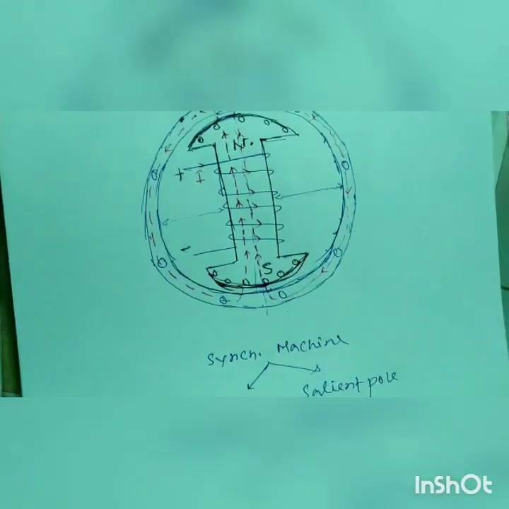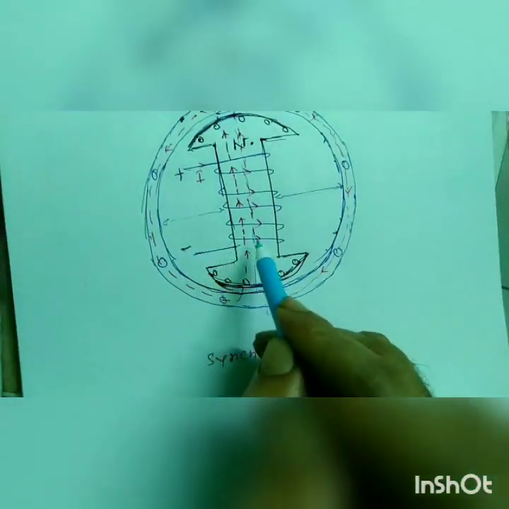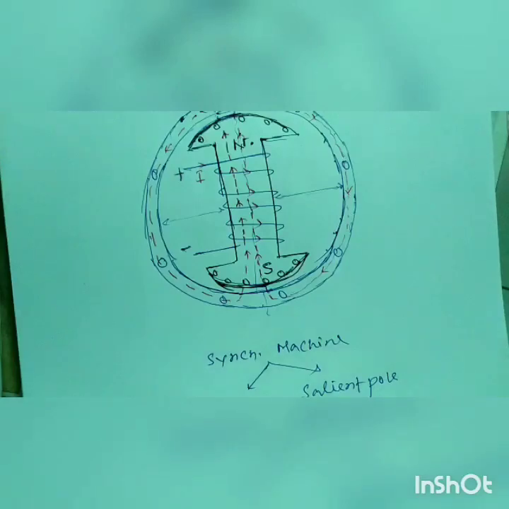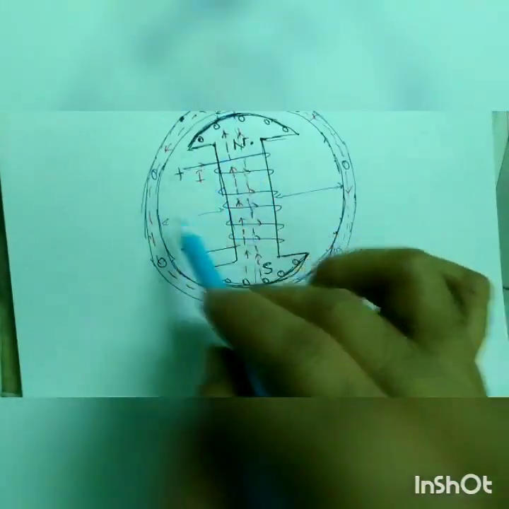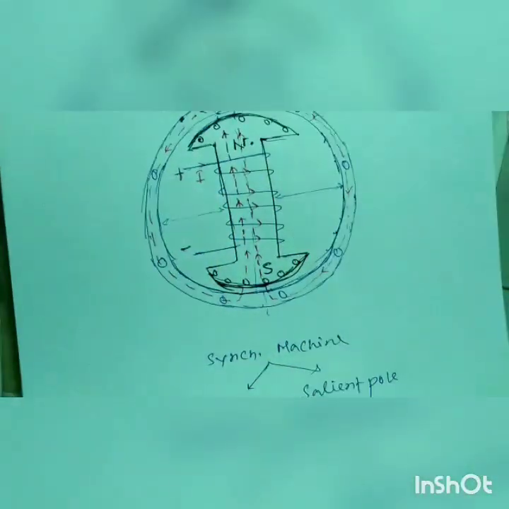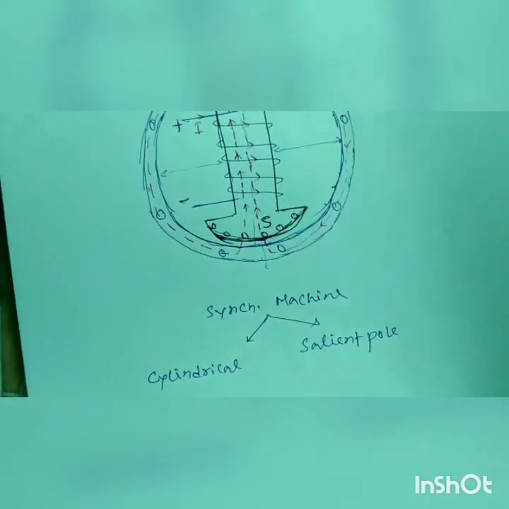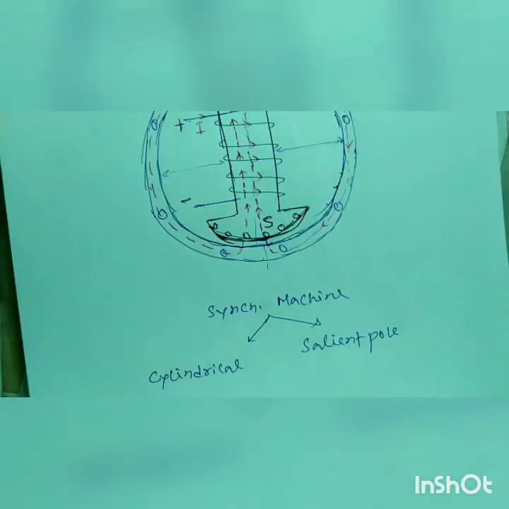So why are we exciting with a DC voltage source? Because we have to make the machine run at synchronous speed.